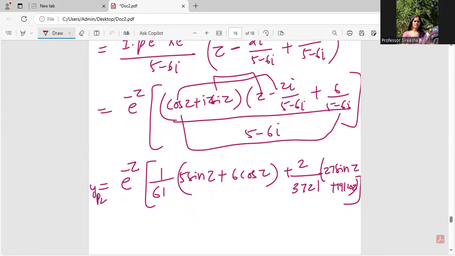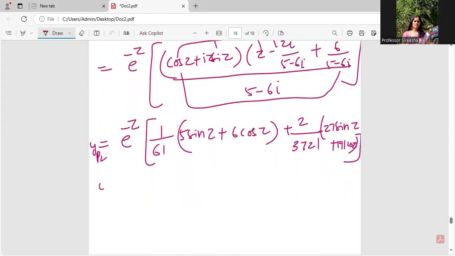Finally, everything in terms of x: y would be equal to yc plus yp. If I write everything in terms of x, that would be my final answer.